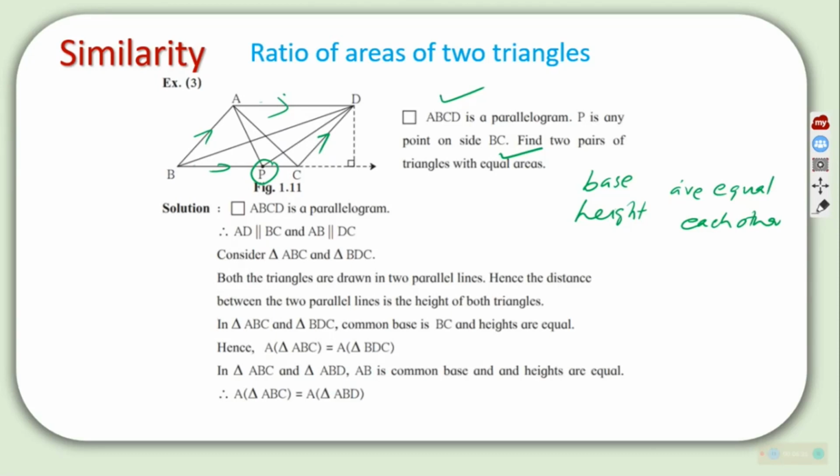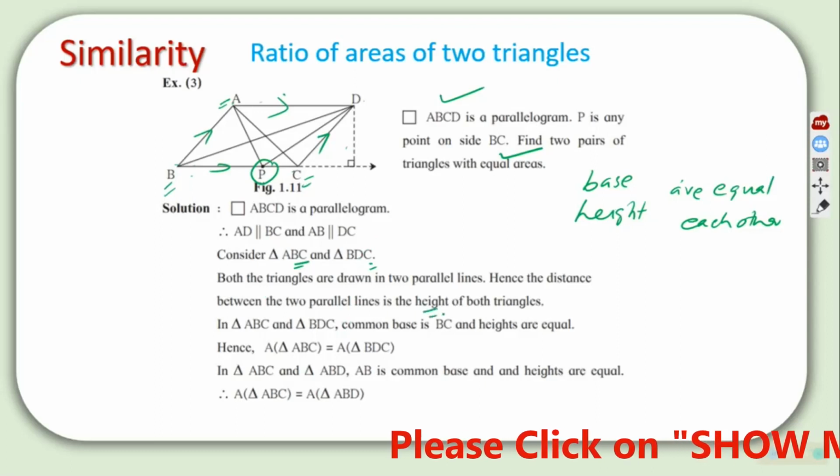So AD and BC are parallel, AB and DC are parallel, and there are triangles ABC and BDC. We took a common base, BC, for ABC and BDC. So the height between two parallel lines will always be equal.